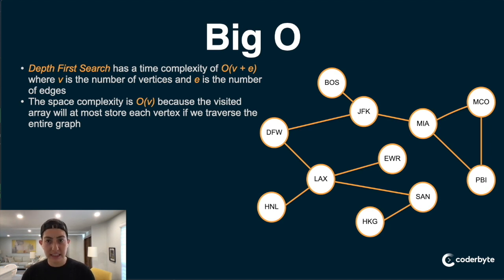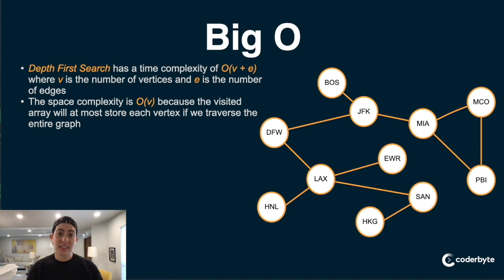The space complexity is a big O of V, where V is the number of vertices, because at most we will store every vertex, right? If the entire graph is just a linear graph, the whole entire stack, which is what we're using as our data structure to determine where we're going in the graph, is at most going to be all of the vertices.